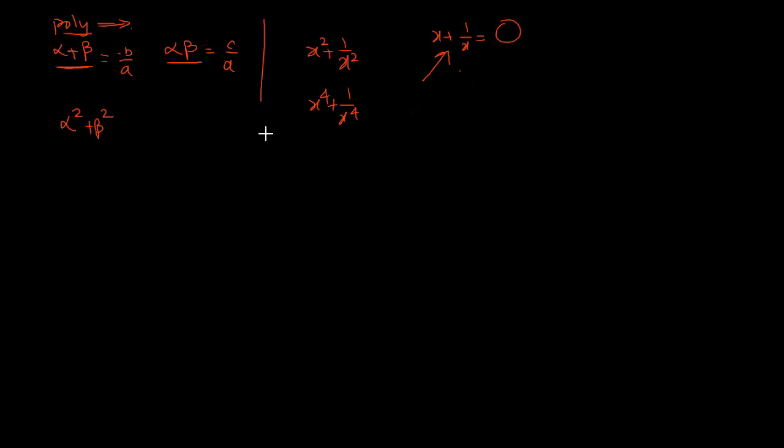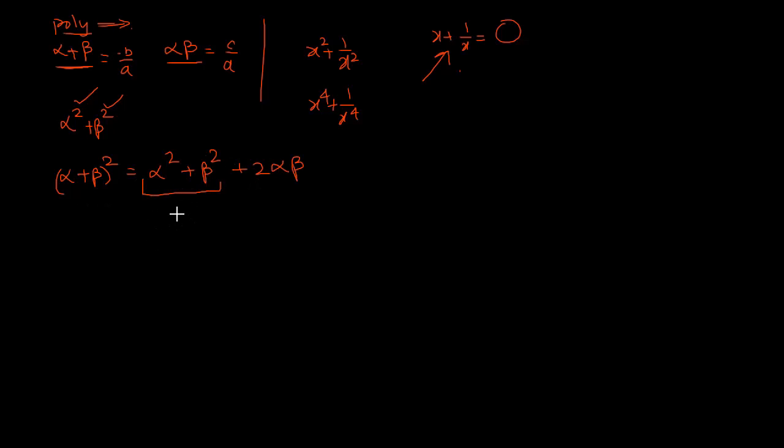During that time, all you have to do is use identities. When I square two variables, a plus b whole square is a square plus b square plus 2ab. In this case, with alpha and beta, this is what I have.